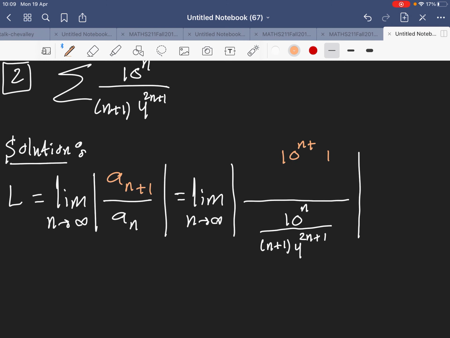So instead of n, I just need to replace every n I see with n plus 1. Remember, I put it in a bracket so I don't mess up with another number, especially if it's not clear. Here you have 2 times n. Now it becomes 2 times (n plus 1) plus 1. So that's exactly what we have here.